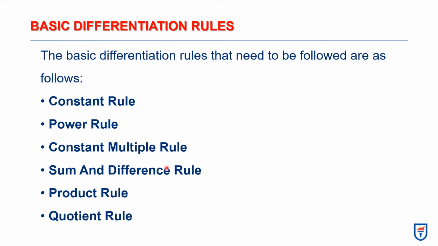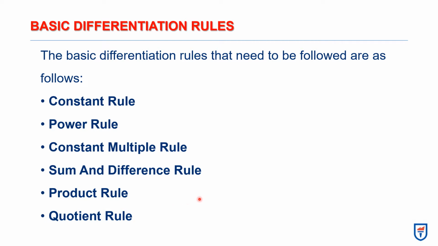We also have what we call a constant multiple rule, which is applied when we are differentiating any function that has a multiplication of a constant. Then we have a sum and difference rule, which is applied when we differentiate a function or expression that has two or more functions that are added or subtracted. We also have what we call a product rule.